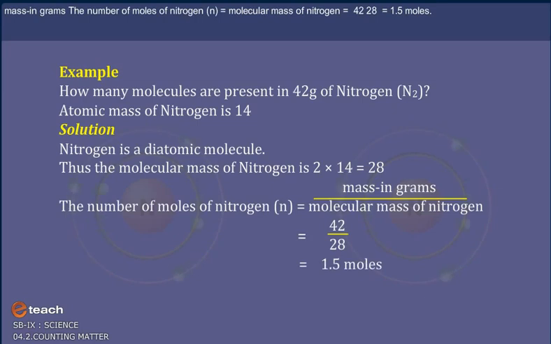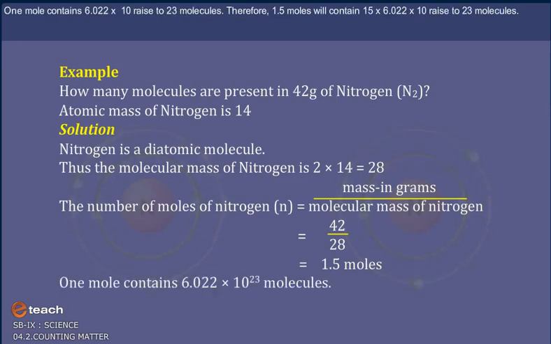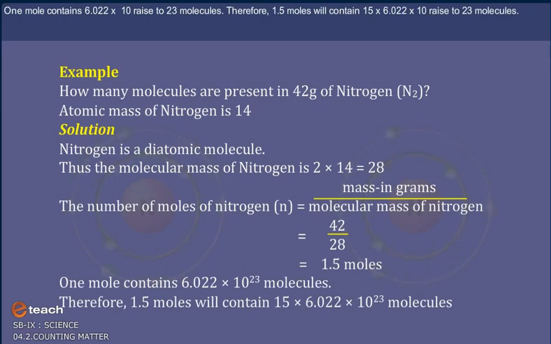The number of moles of nitrogen is equal to mass upon molecular mass, that is 42 upon 28, that is 1.5 moles. 1 mole contains 6.022 × 10^23 molecules. Therefore, 1.5 moles will contain 1.5 × 6.022 × 10^23 molecules.